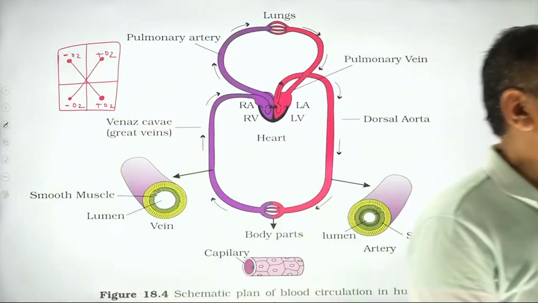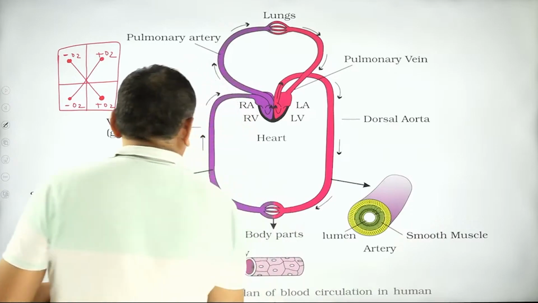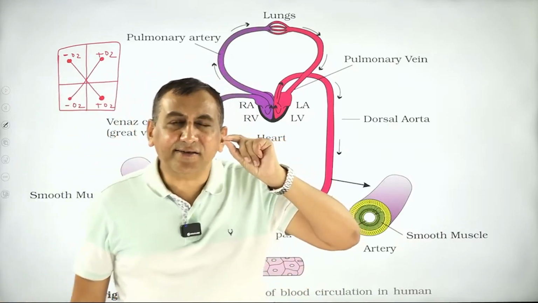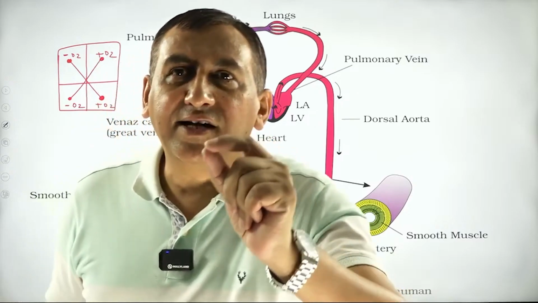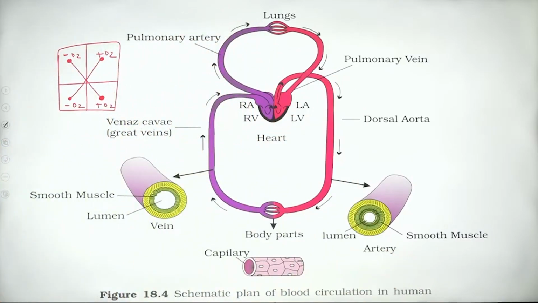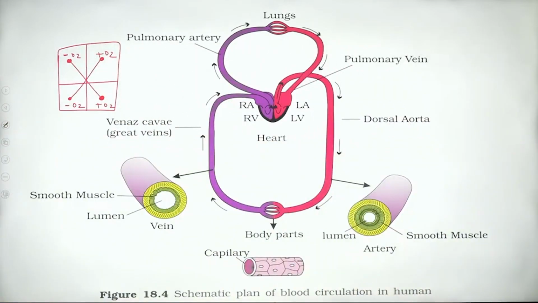Yes, science teacher, you said it is the double circulation. Now, I will come to this point: why is this circulation known as the double circulation? Why is the blood circulation which occurs in human beings known as the double circulation?